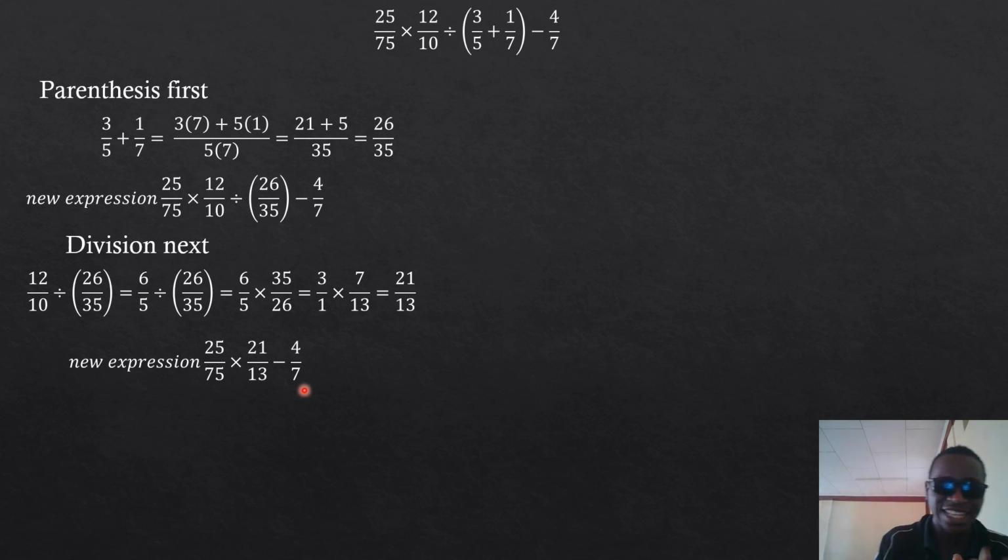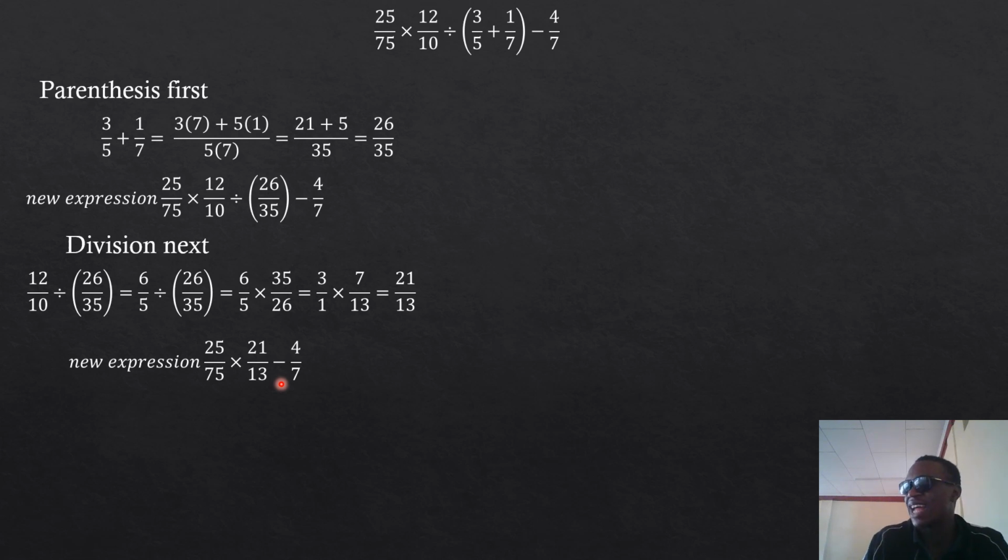PEDMAS. The next letter that comes up in this expression, we have multiplication and subtraction. Between those two arithmetic operators in PEDMAS, which letter comes first, M or S?